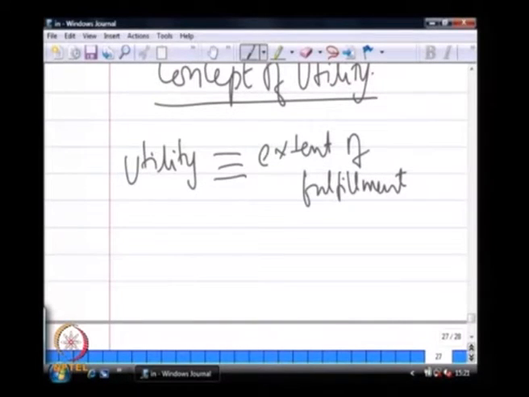How individuals and economies aim to gain optimal satisfaction in dealing with scarcity is what utility is all about. Utility tries to explain how individuals, societies and economies try to gain that optimal fulfillment or optimal satisfaction in dealing with resources that are very scarce.